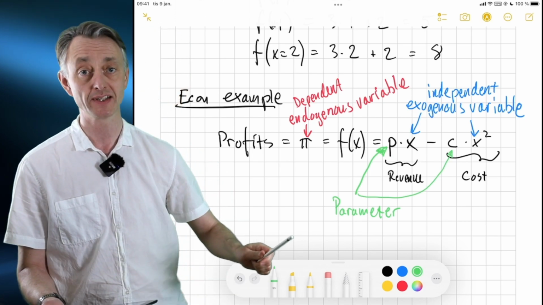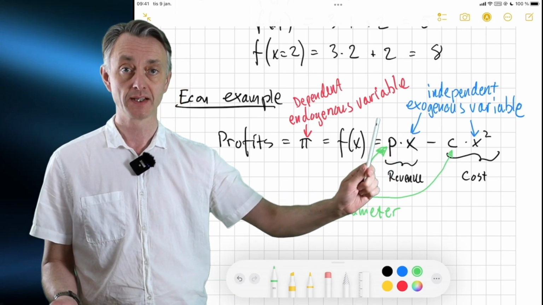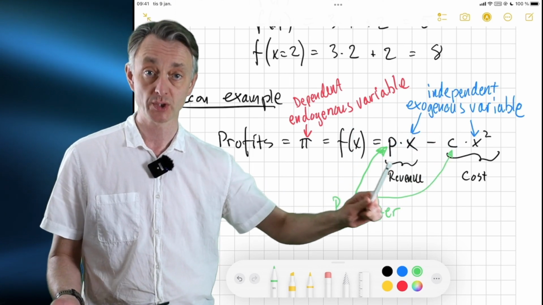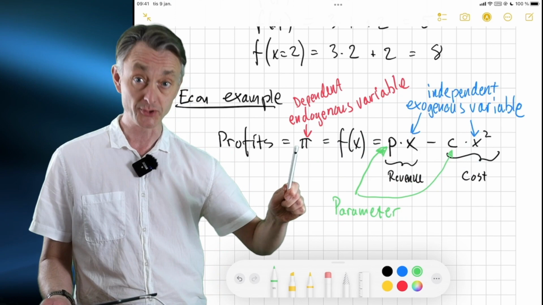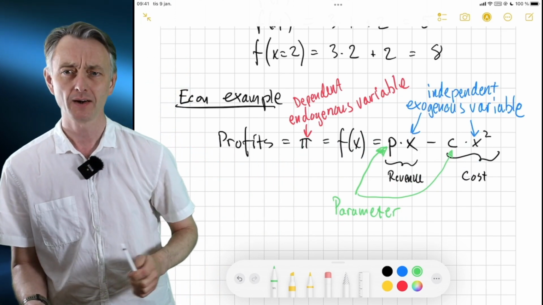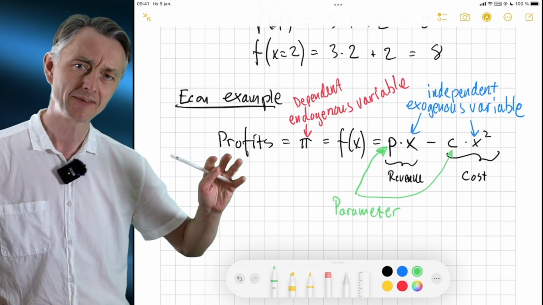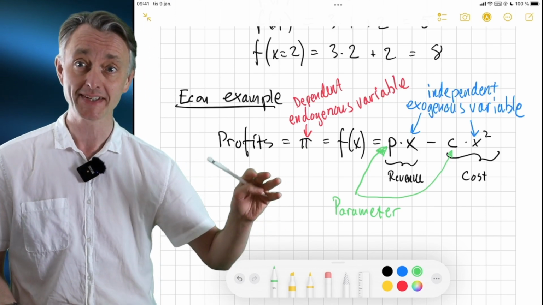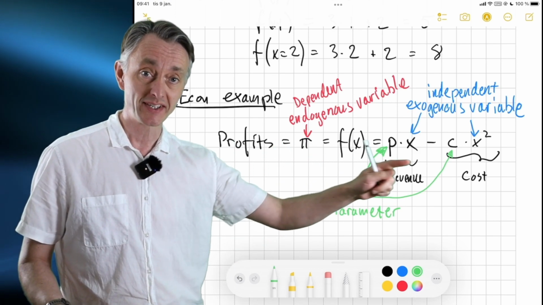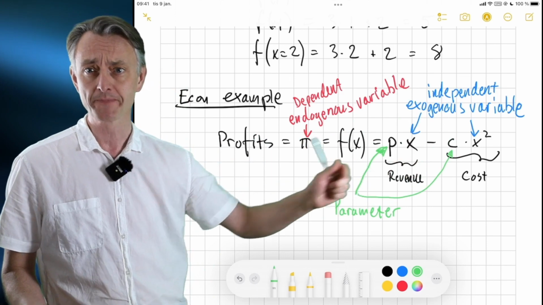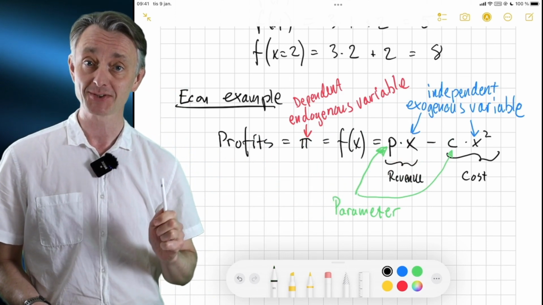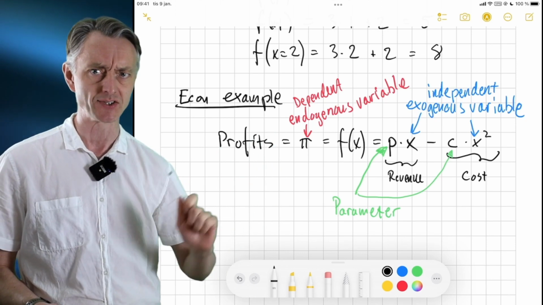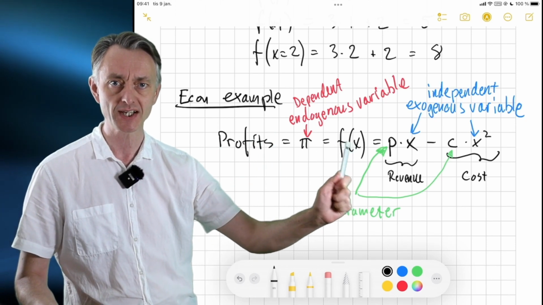Okay, so now we have the exogenous variable and parameters, and when we use these to calculate values, then we get the endogenous variable. Okay, so now we have put fancy mathematical names on all these things that we have in the function. But then, of course, the firm here would like to know, okay, how do these profits change when we change the level of production?